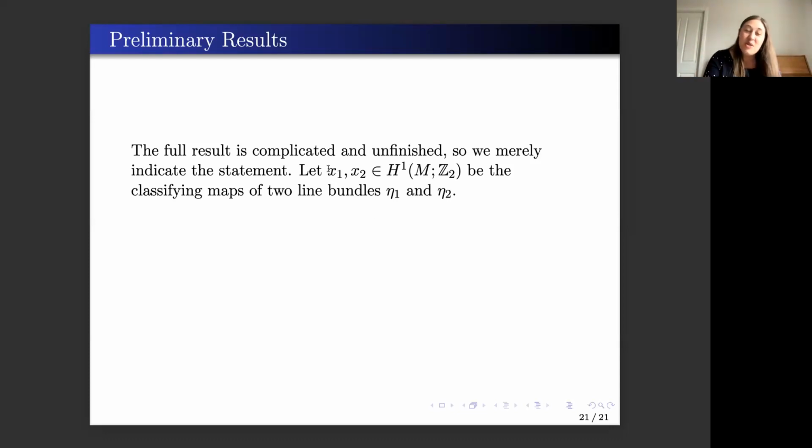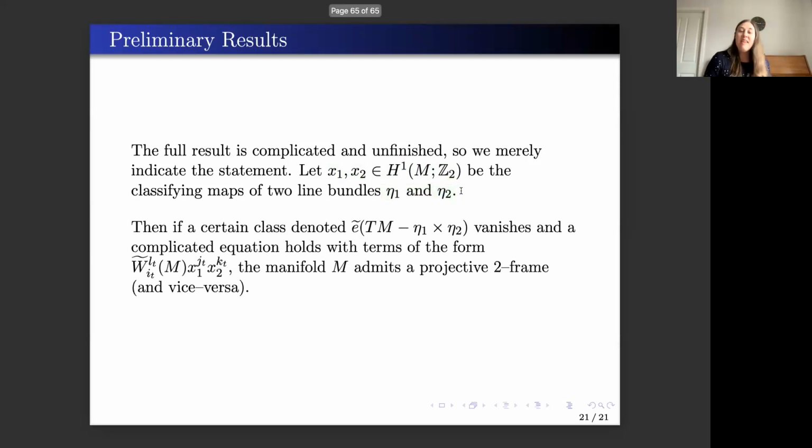Give yourself two one-dimensional classes in the cohomology of M with Z mod 2 coefficients. Those classes are really the classifying maps of two specific line bundles that you're trying to split off the tangent bundle of the manifold M. And my result will look like: if some certain mysterious class vanishes, which I'm working on describing, and a complicated equation holds, where that equation has terms of this form.